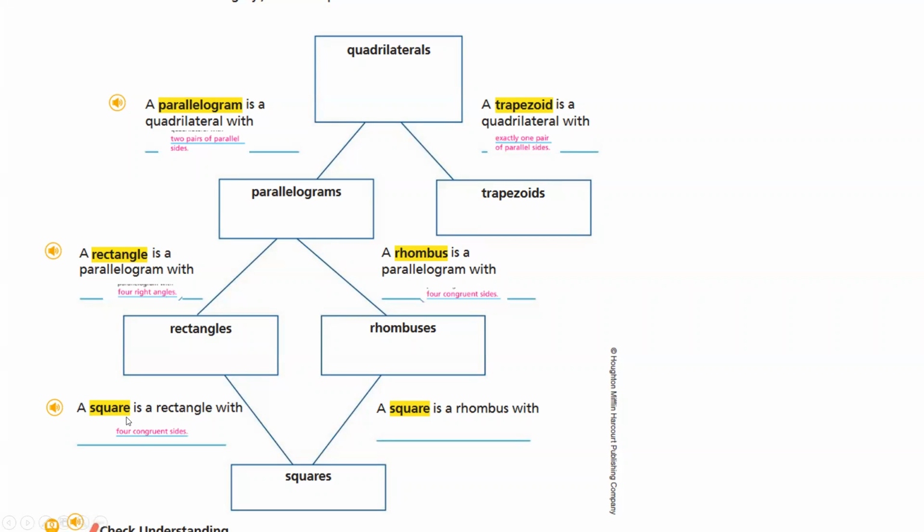Congratulations, you're a square. And then if you have four right angles, then you're a rhombus with four right angles. So you can be a rhombus without right angles, because a square is technically also a rhombus.